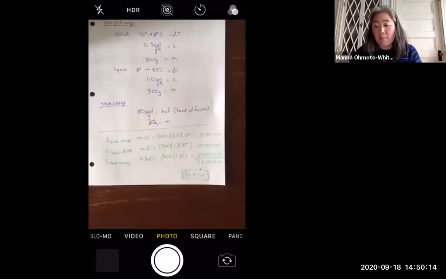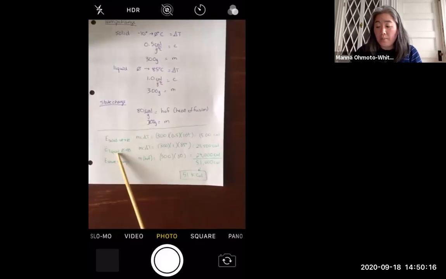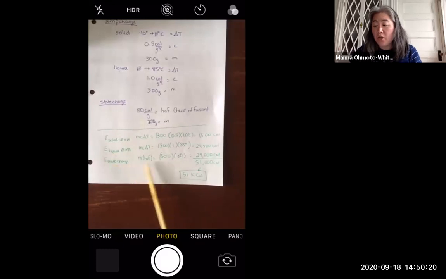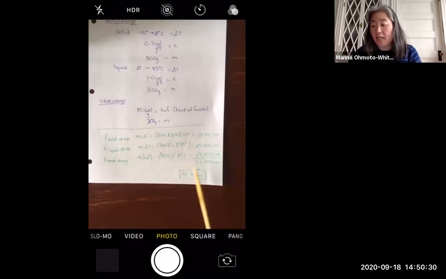And then I have to remember that in order to increase the temperature of the liquid, I had to have a state change. So I have to multiply the mass times the heat of fusion, which is 300 times 80, and I get 24,000 calories. When I add these all up together, the total energy it takes is 51,000 calories, or 51 kilocalories.